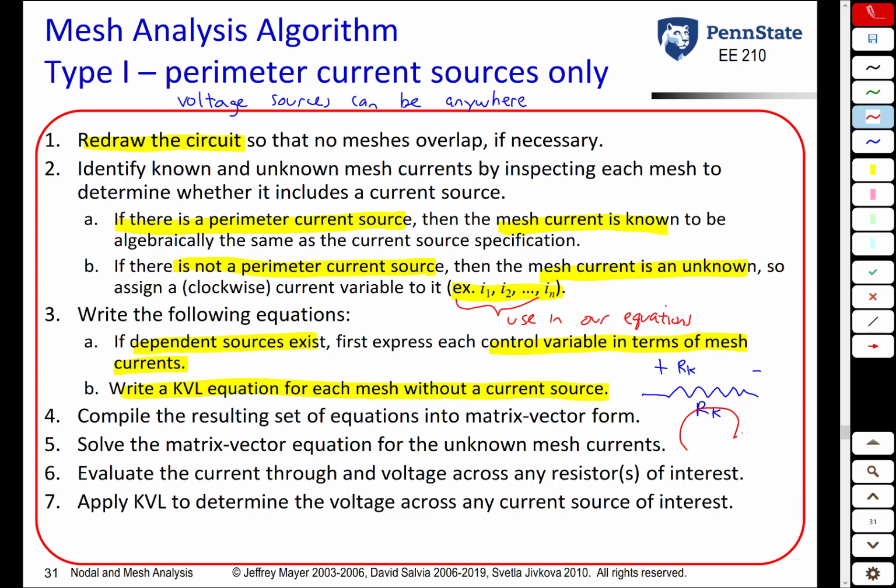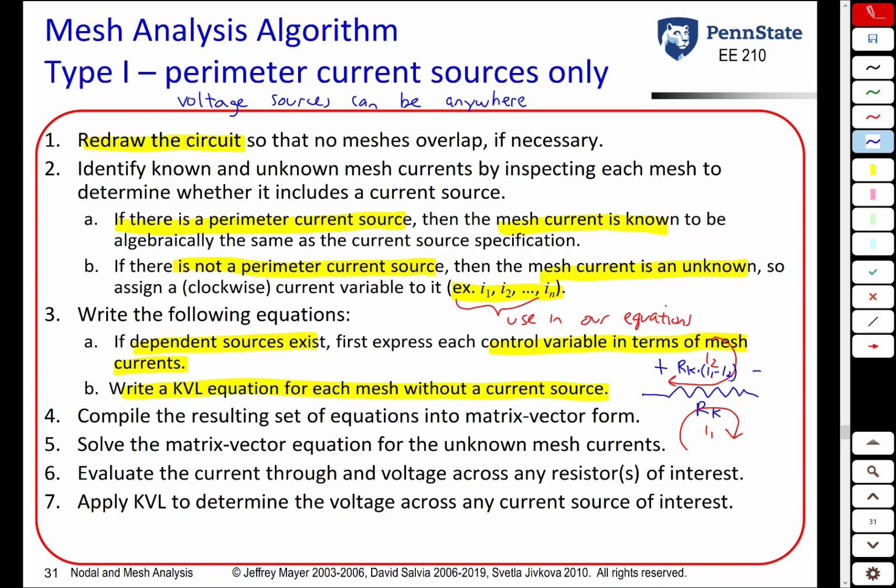So for example, if this had mesh variable I1 and this had mesh variable I2, the current through that resistor going from left to right was I1 minus I2, so the voltage would be R sub K times I1 minus I2. So notice the voltage across the resistor you could write in terms of the resistance and the branch current, and the branch current in turn you write in terms of the mesh currents.